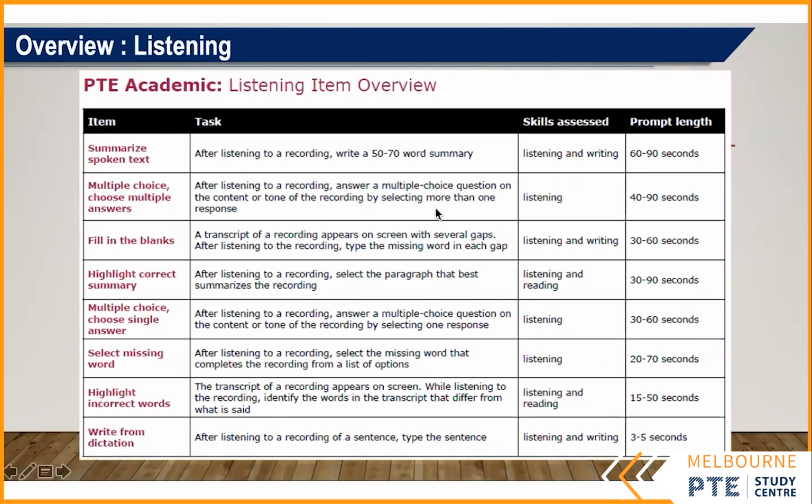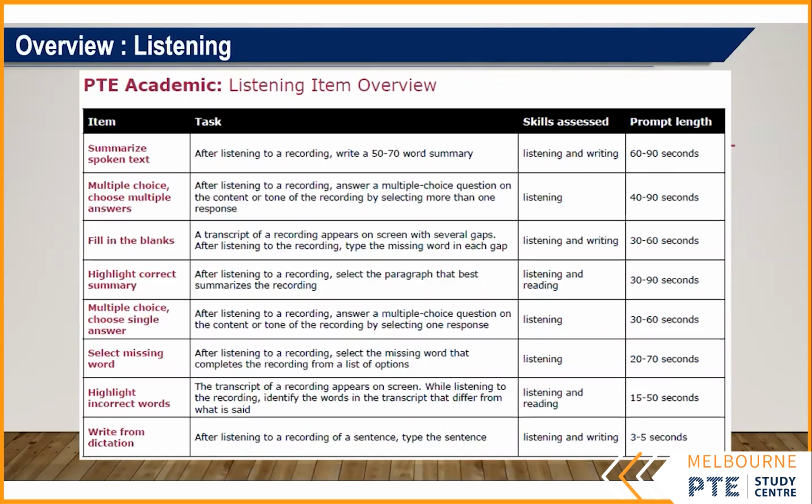Does it make sense that I'm spending 90 seconds to just listen to one question and answer it to get only 1 mark, whereas I'm spending a maximum of about 30 seconds to get 12 marks? That's the issue with the listening section. That means you need to be mindful that I cannot skip to the next question whenever I want. I need to wait for the audio to finish.